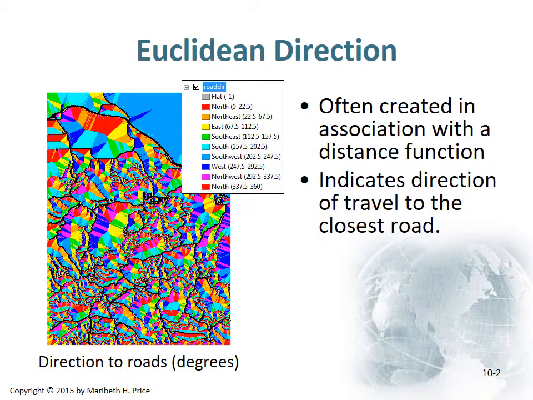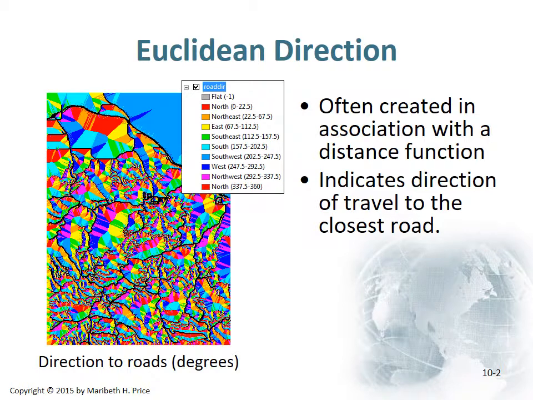Okay, that's what this particular thing is doing. The output is going to look exactly the same value wise as an aspect grid, but Euclidean direction is saying from each cell location where is the nearest road, which direction is it, and I'm facing that direction.